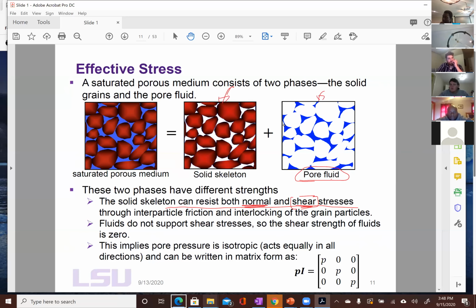So that's one of the main reasons why we partition them. And the stress applied on the fluid is the pore pressure. They're both force per unit area. Pressure is force per unit area, stress is force per unit area. But this one is omnidirectional because the fluid cannot support shear stresses. Another material that we talked about that doesn't support shear stresses is what? Who remembers?